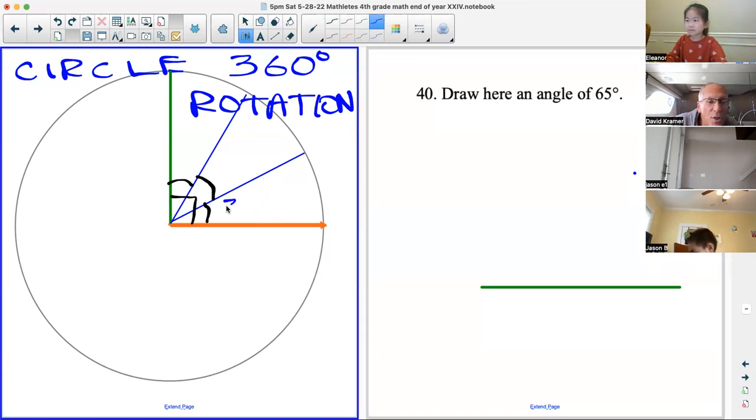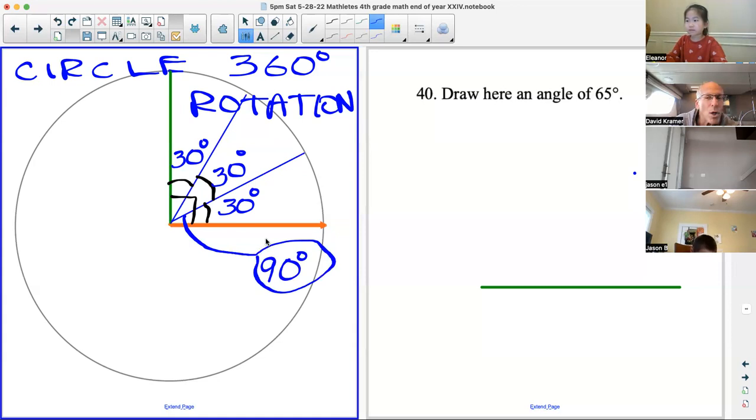Yes, because 30 degrees plus 30 degrees plus 30 degrees equals 90. Yes, 90 degrees. Now, if you're going to draw an angle that's 65 degrees, how many 30s are you going to need? 2. And a tiny bit more. So come on, try to make your angles look about like that.